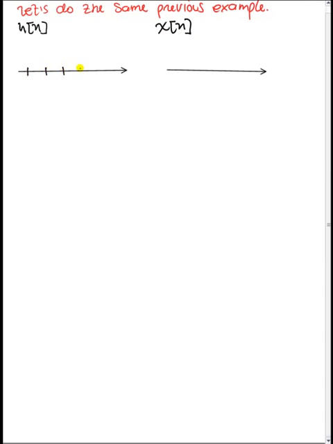Remember, that was the impulse response that we had before. This is for n. Negative 1, 0, 1, 2, 3, and the values are 1, 2, 1.